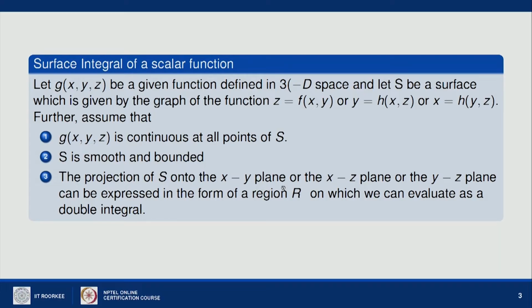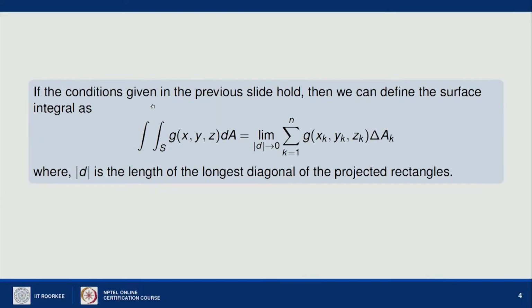If all these conditions are satisfied, then the surface integral is defined as the double integral over the surface S of g of x y z dA, and this equals the limit as d tends to 0 of the summation from k equals 1 to n of g of x k, y k, z k times delta A k.